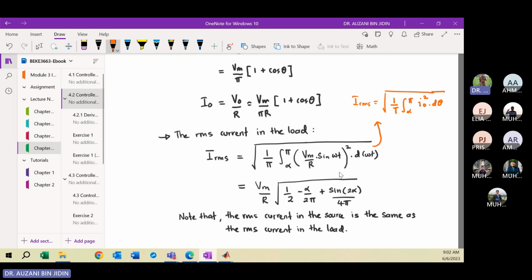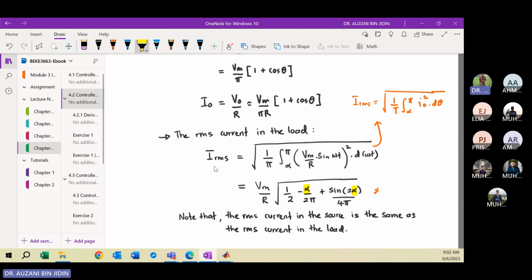Then finally you can get this equation, where the RMS is determined by the delay angle, alpha. By selecting the appropriate value of alpha, you can obtain the desired value of RMS current.